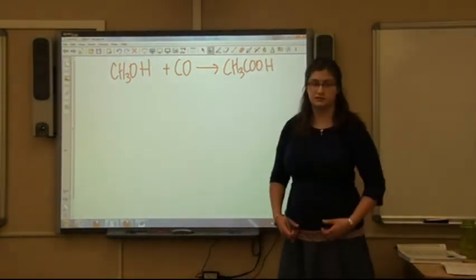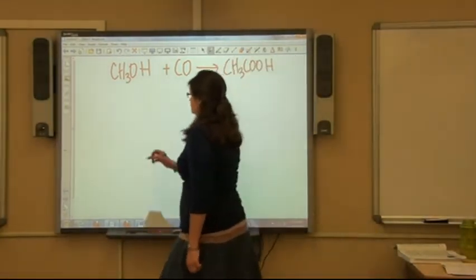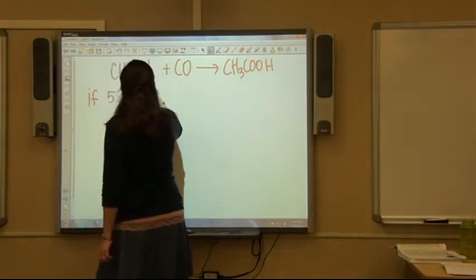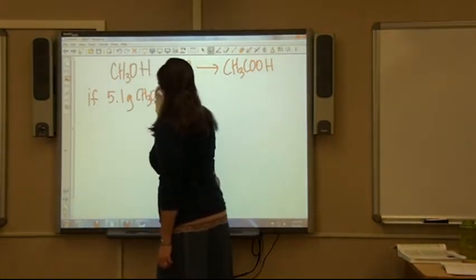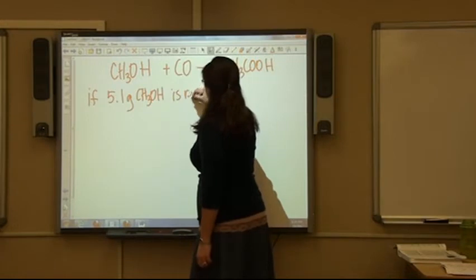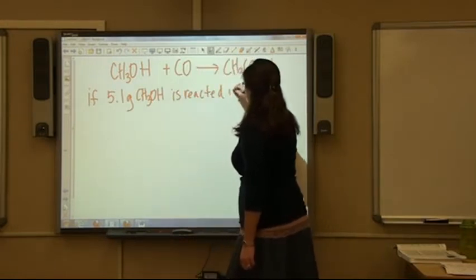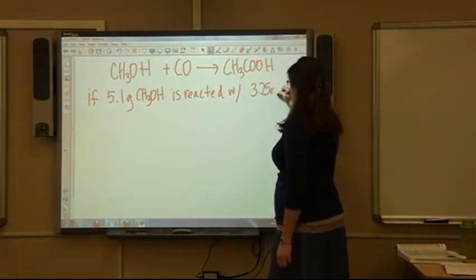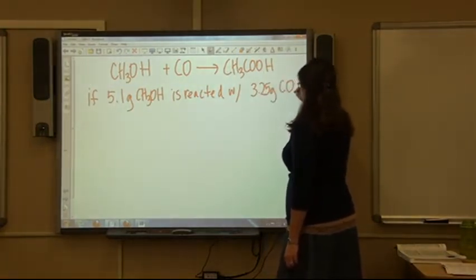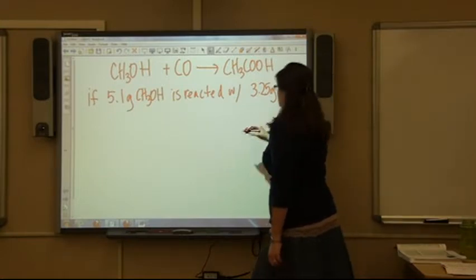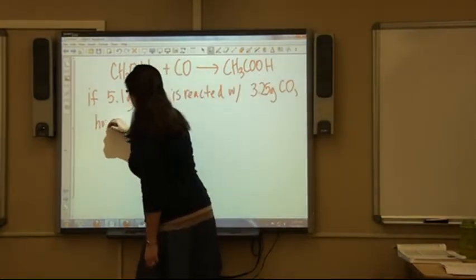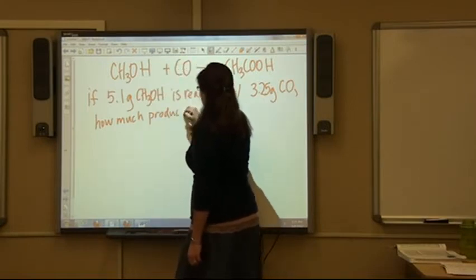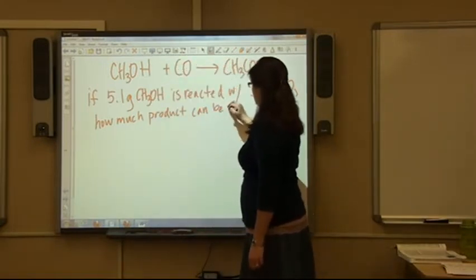It is balanced, that's convenient. Okay. 5.1 grams of the methanol is reacted with 3.25 grams of the carbon monoxide. How much product can be produced?